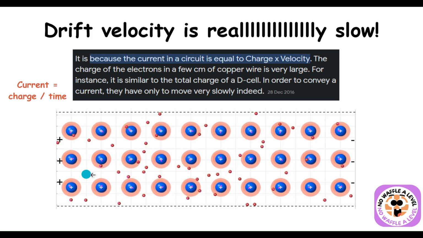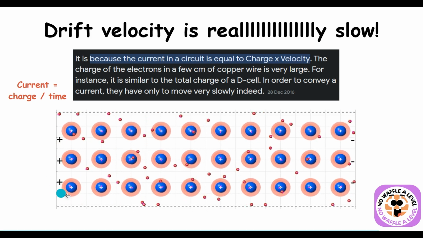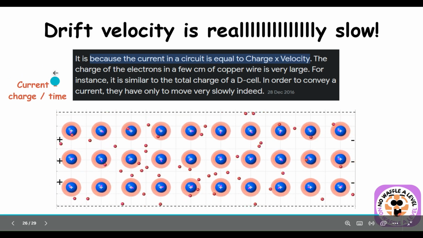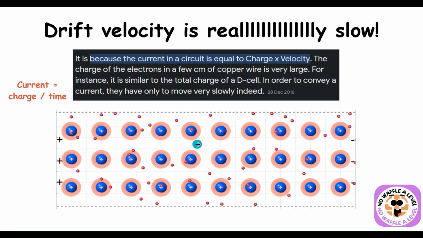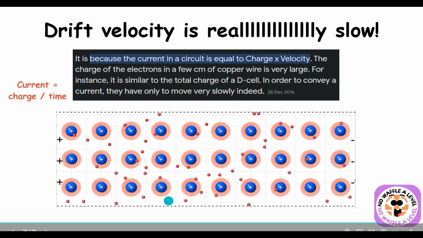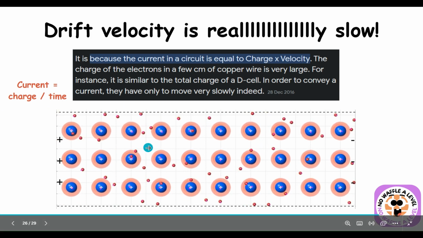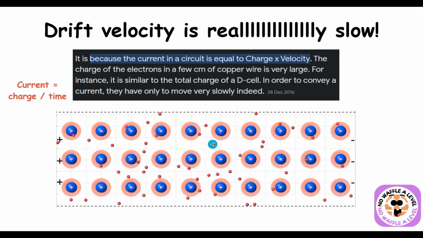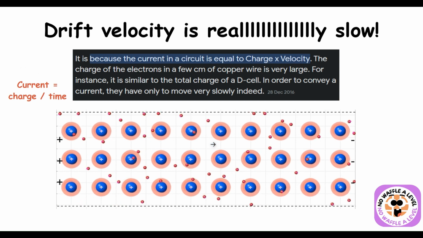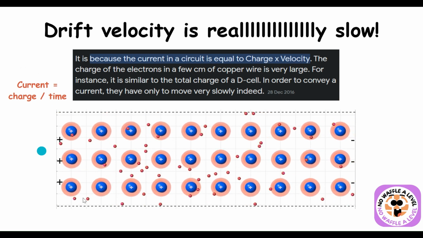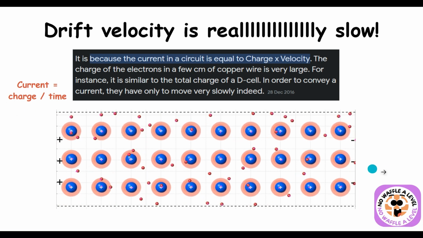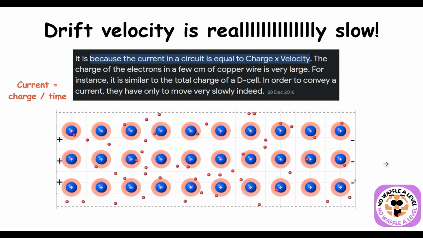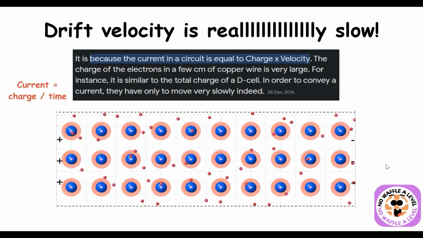So what it's effectively saying is, when we're talking about current, we care less about how fast the electrons are going, but more about how much overall charge is collectively moving. Even if it's moving a thousandth of a millimeter, if a lot of charge is moving, then that counts as a large current. But naturally, you need to know that electrons move really, really slowly.